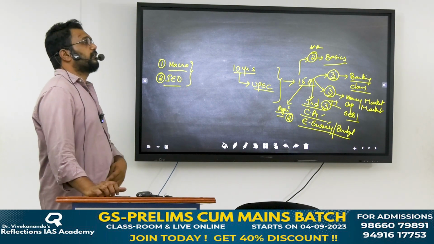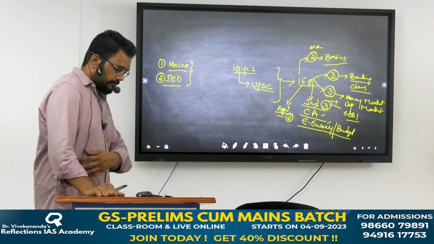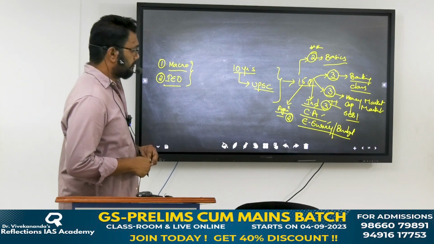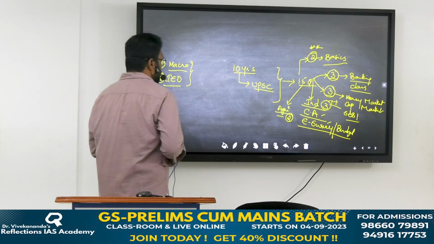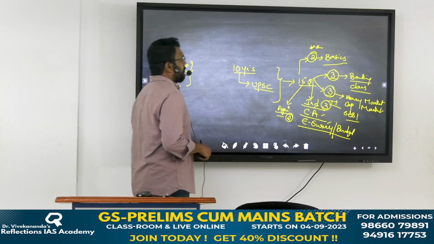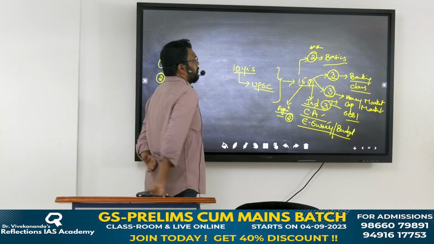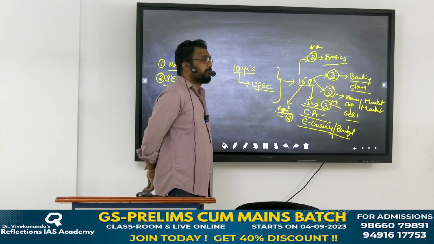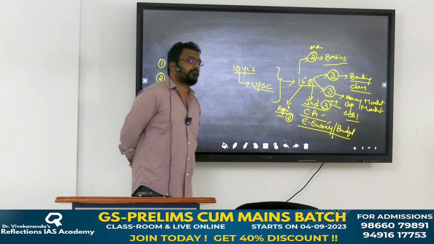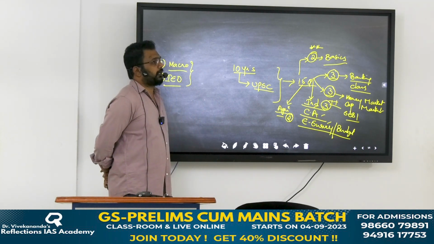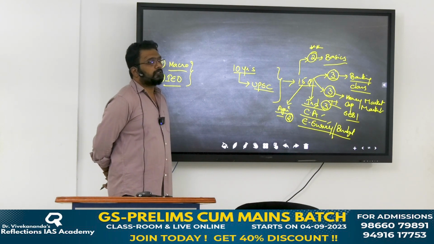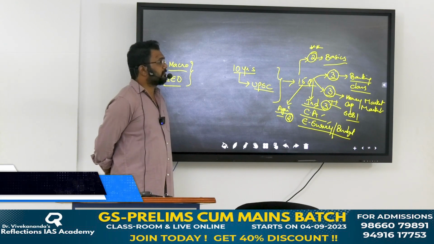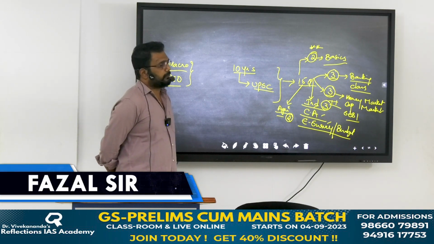There are also a few things like taxes, fiscal policy, monetary policy. Such things can also be asked. Those will also be covered. For example, he has asked earlier about balance of payment, balance of trade, current account, capital account. Dollar-rupee variations, such things he will ask you in the exam.